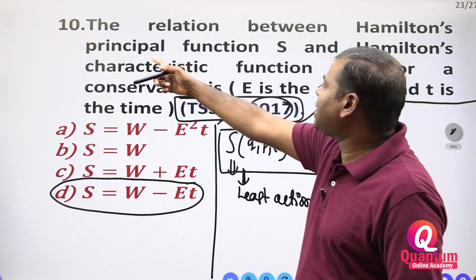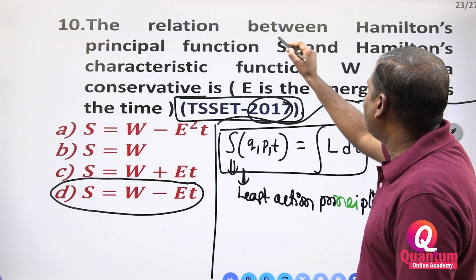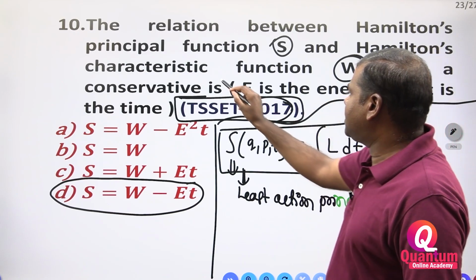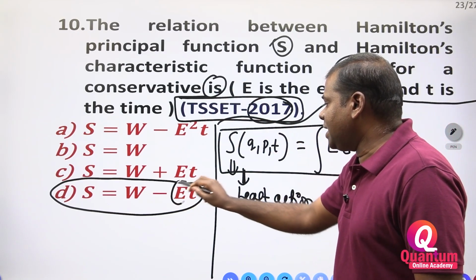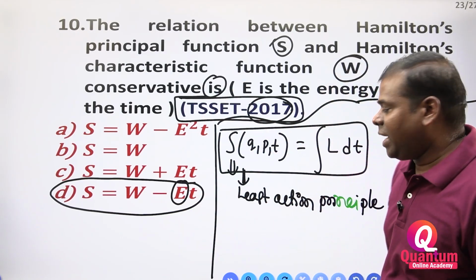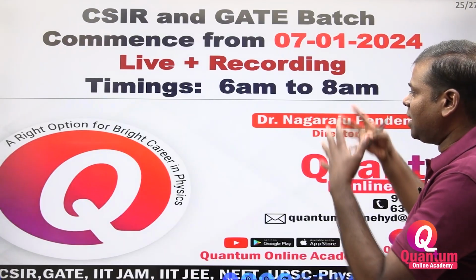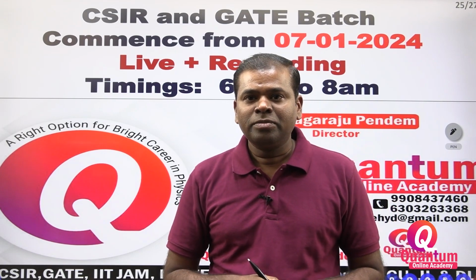This is the relation between the Hamilton's principal function S and the Hamilton's characteristic function W. The energy is a conserved energy, the eigenvalue of the Hamiltonian. The Hamiltonian system should be conservative. Like this, I told you the 9 areas.